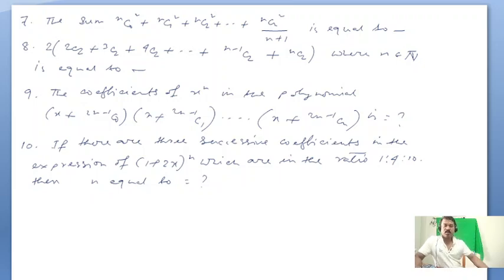The sum of nc0 square plus nc1 square plus nc2 square here. This is a very good problem for joint entrance examinations and joint entrance main and advanced examinations.